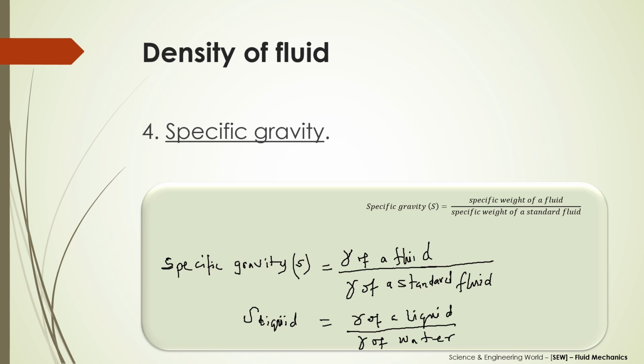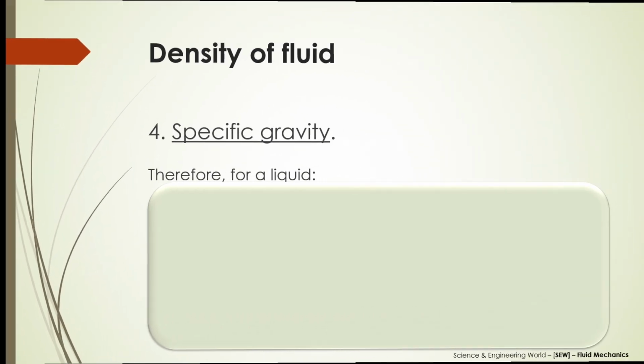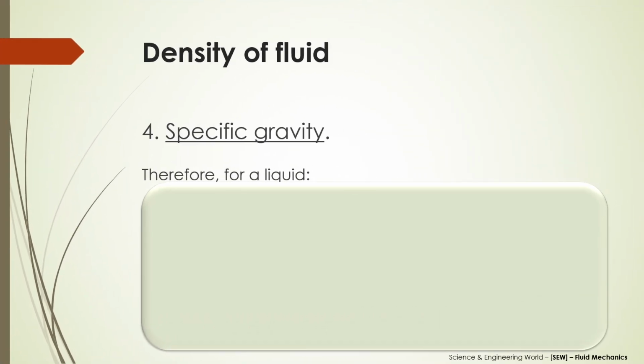Same thing will be when we are writing the gas. So it's going to be specific gravity of gas will be equal to the specific weight of the gas over the specific weight of air. We have seen again from the second definition that gamma equals to rho g.